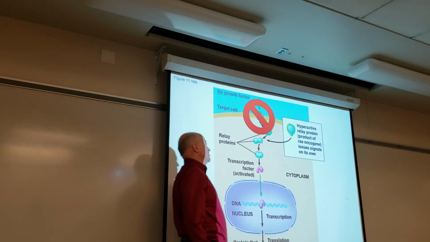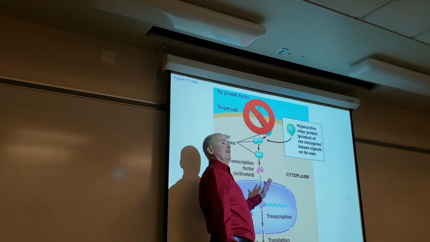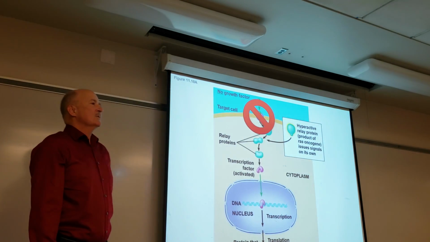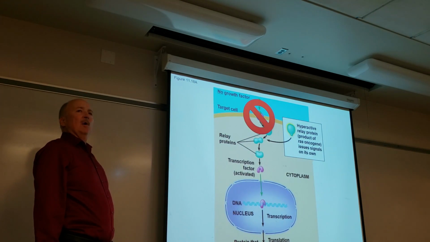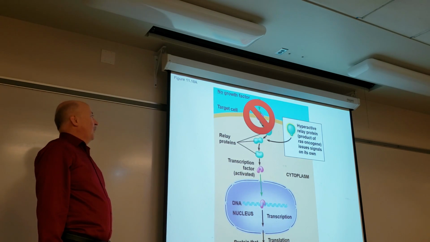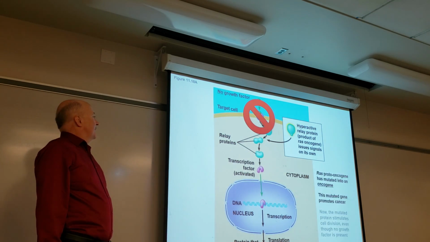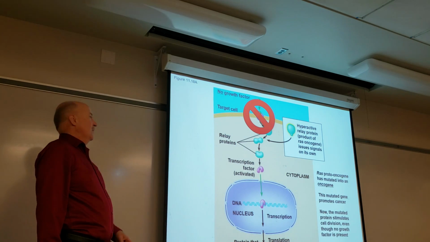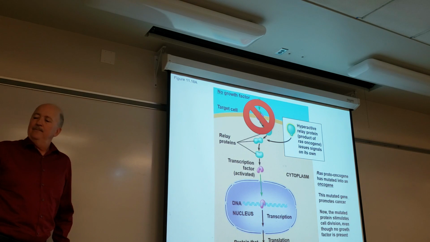So the cell has now decided on its own to divide, no matter what the circumstances are. So that's a mutation involving the RAS protein, and it can be deadly. One of the ones that commonly shows up in cancer. So that mutant gene has been transformed from a proto-oncogene into the harmful oncogene now.